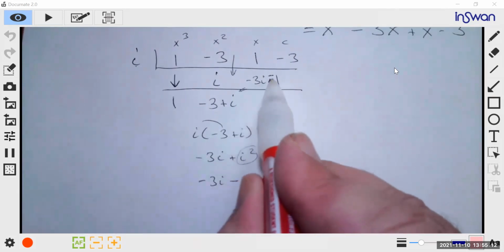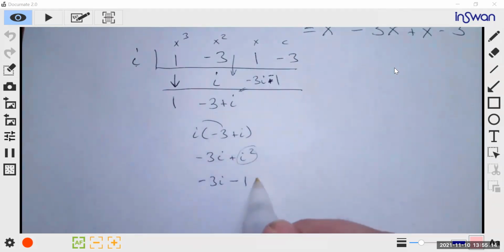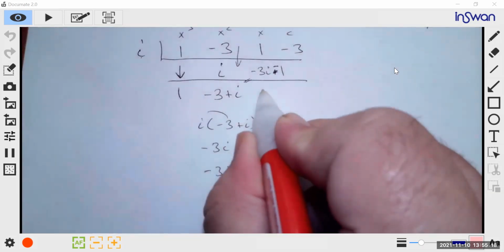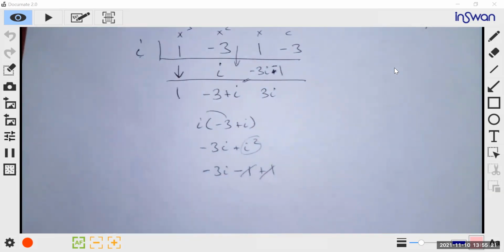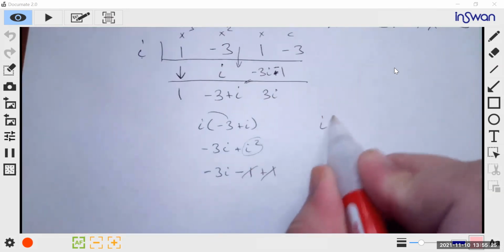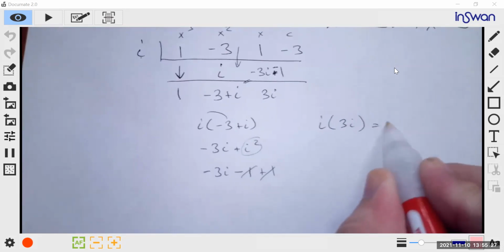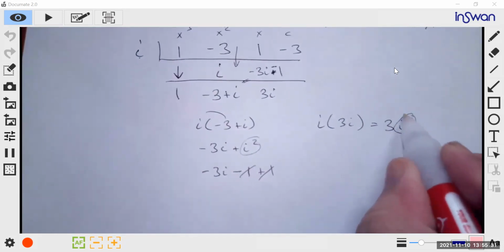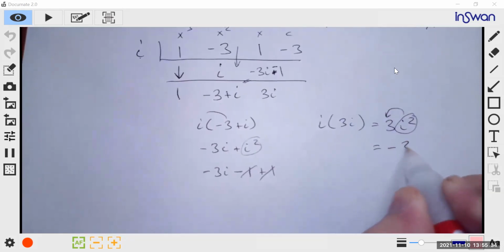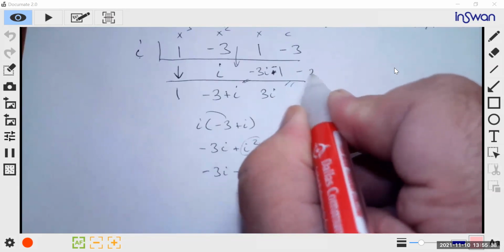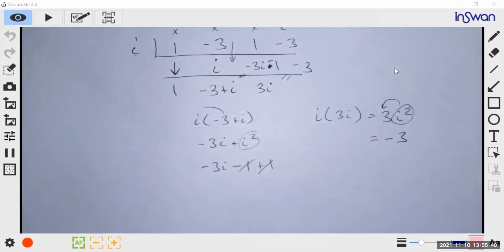So negative 3i minus 1 plus 1 is just negative 3i because the ones cancel. i times negative 3i is negative 3i squared, which becomes positive 3.